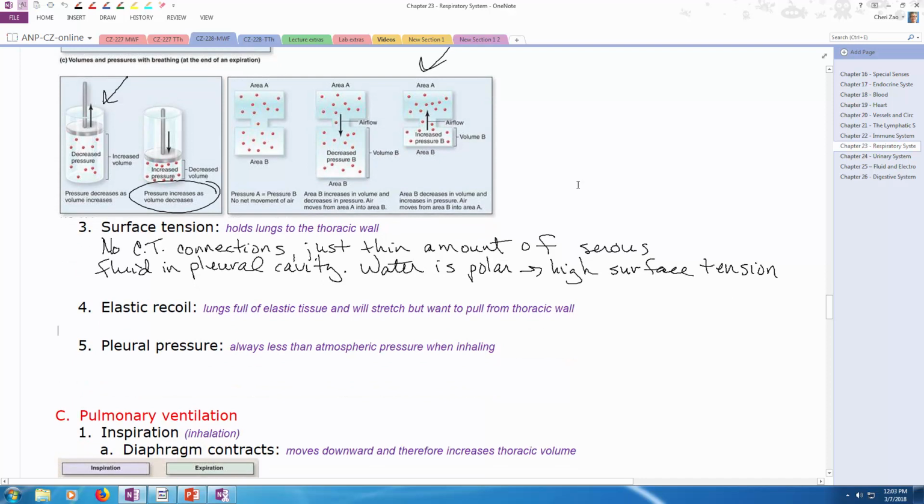Surface tension is one of the major factors, besides the negative pressure in the thoracic cavity, that helps to keep our lungs inflated and abutted up against the thoracic cavity wall internally. There are no connective tissue connections between our lungs and the cavity wall that it resides in, just a thin amount of serous fluid, which is also known as pleural fluid, and it is predominantly water.